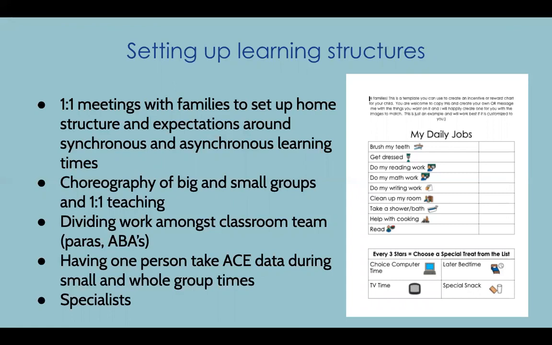There's going to be a lot of moving parts in terms of how one interacts with children on a daily basis. And so it's helpful for families to understand what we mean when we say big and small groups or one-on-one. And also to know all the partners that you're going to be working with, because you're not going to be doing this in a bubble.